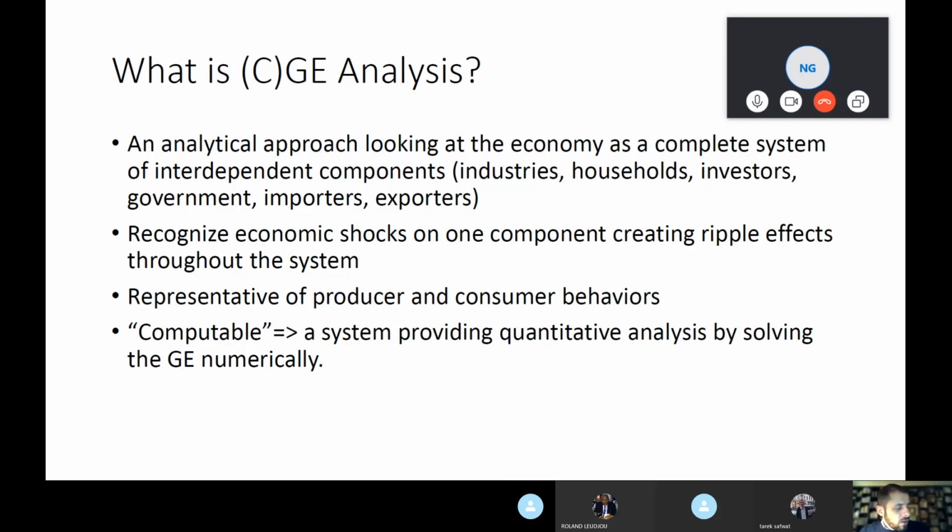And in general, we have a representative producer and consumer. So we do not really look into the heterogeneity among producers or consumers, despite the fact that part of the CGE literature runs what we call micro simulation.